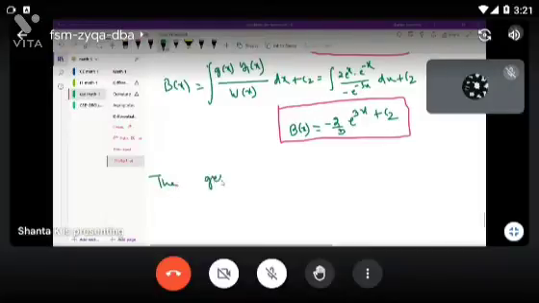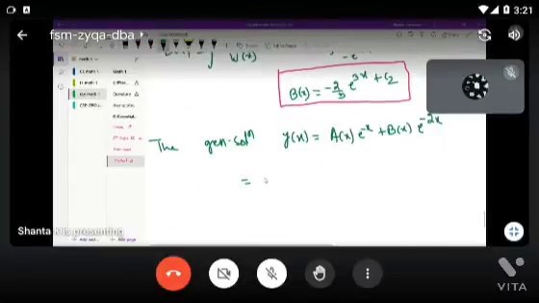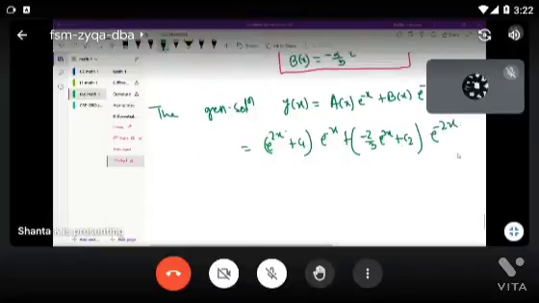So if you substitute, this will be a(x) times e power minus x, which is the y1(x), plus b(x) times e power minus 2x. Okay.